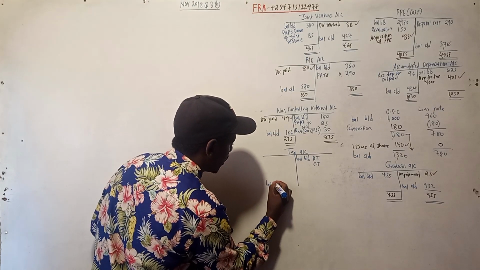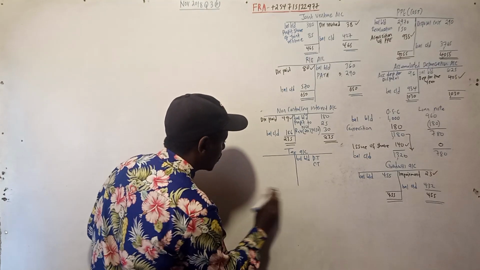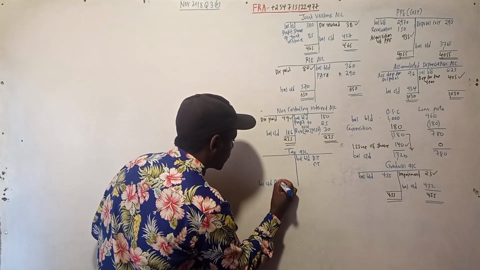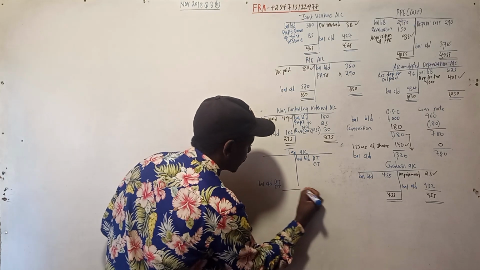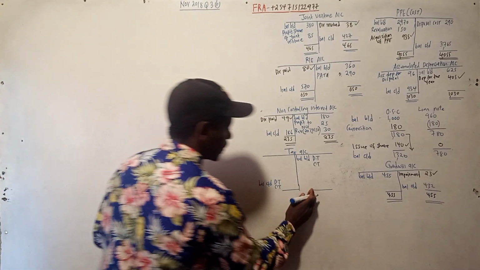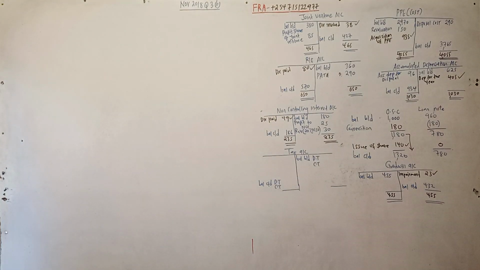Then balance brought down, balance carried down. So we have deferred tax and we have the current tax. So let us do that working. Hopefully the space will be enough. Yes, it will be enough. So don't worry about the space.